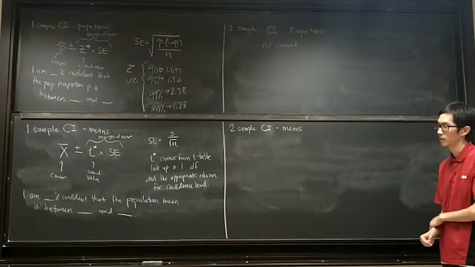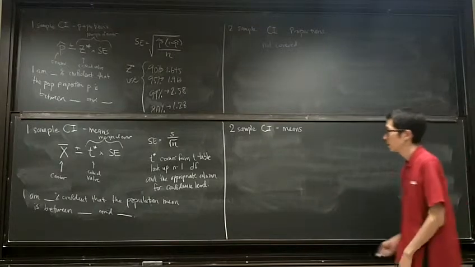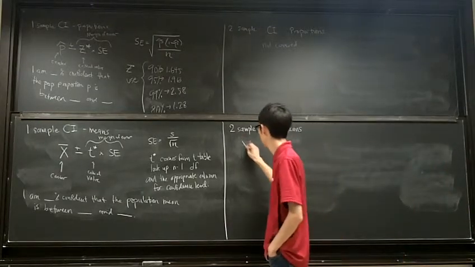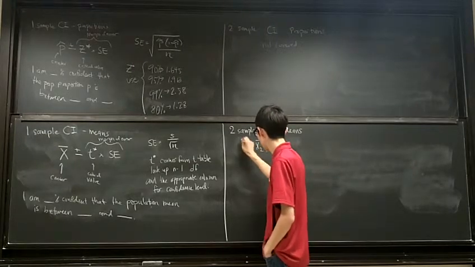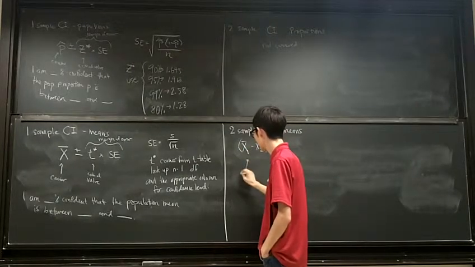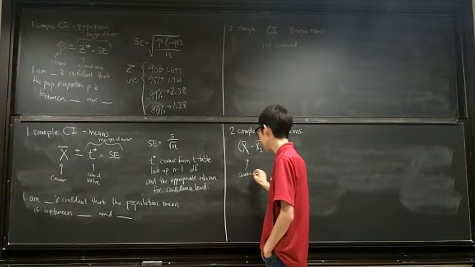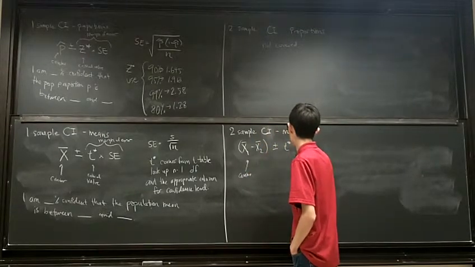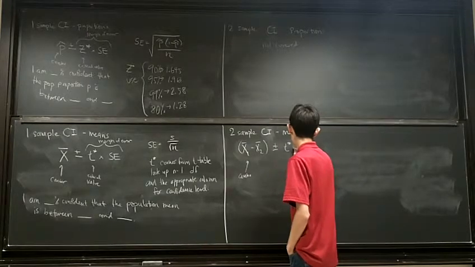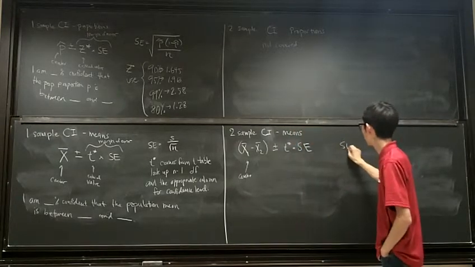Okay, and last one. The center, or the estimate of the difference, plus or minus t star times my standard error.